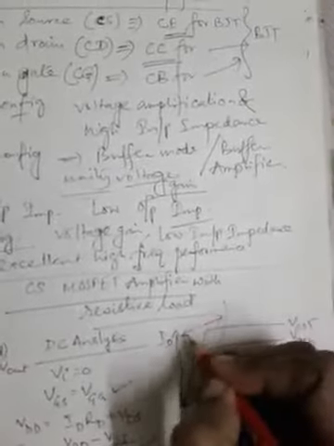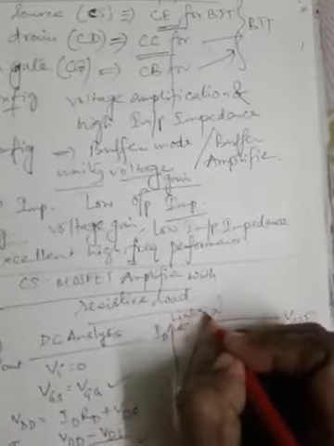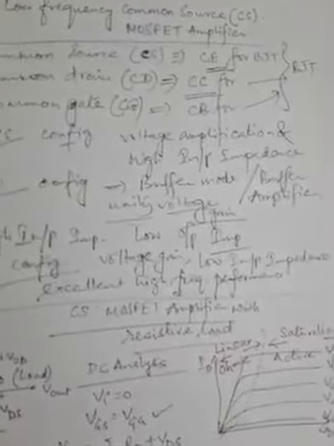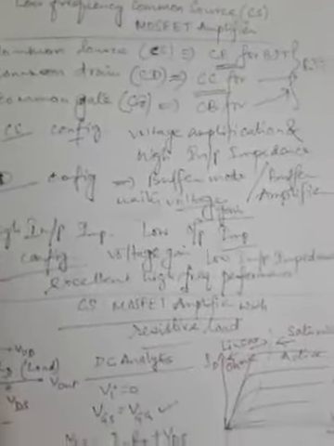The left side is named the linear region or ohmic region, and the right side is the saturation or active region. So these are the different regions, and this demarcation is marked with the value.